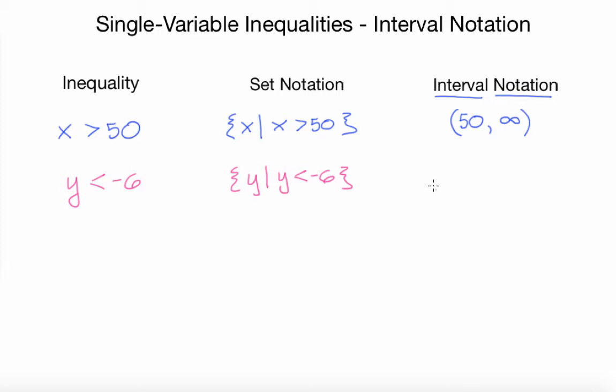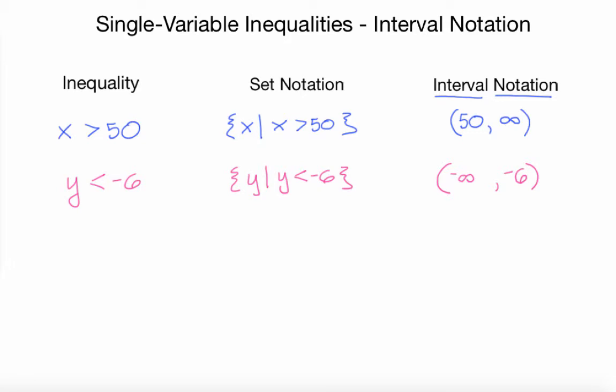For interval notation, it's going the other way. -6 is my high end boundary, so I put -6 on the high end, and it's going off to negative infinity. It can get as far negative as I want, so I put a negative sign for negative infinity. Because the solution is less than -6, it doesn't include -6, so I put a curved parenthesis there and a curved parenthesis there. That represents this interval notation, this set notation, and this inequality. These all three mean the same thing.